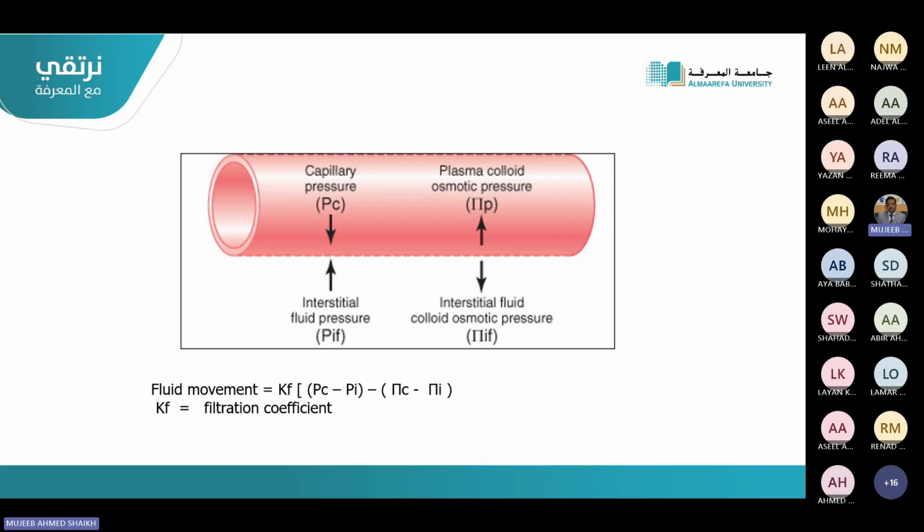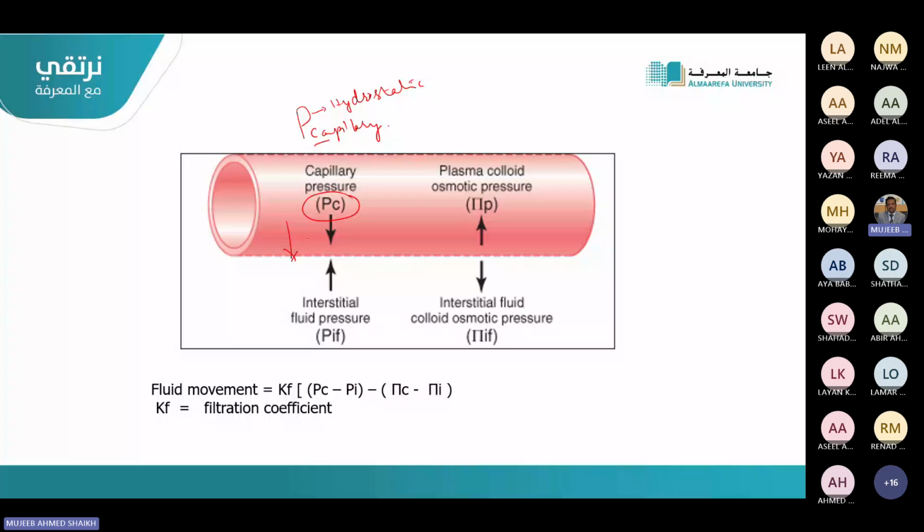Now go to the next slide. Here you will see the hydrostatic pressure in the capillaries, which is represented by Pc. C means capillary, and P is nothing but hydrostatic pressure, or you can say blood pressure. This pressure will cause movement of water into the interstitium.